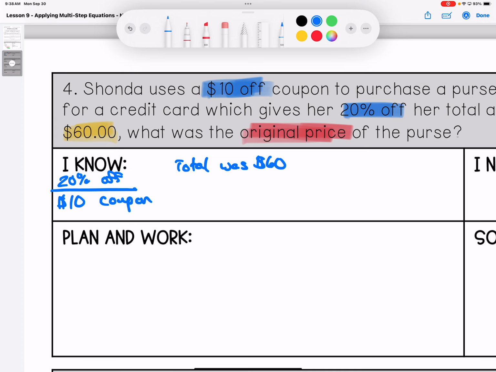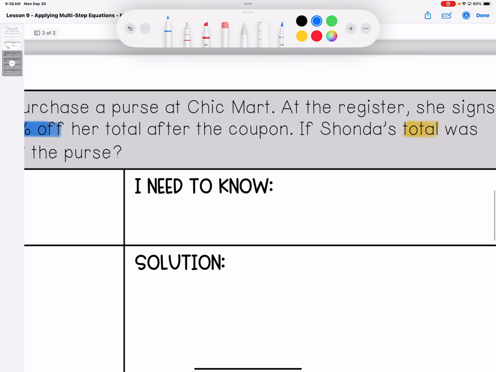Those are the three things we know. What do we need to know? We need to know the original cost of the purse. She paid 60. So we're not asking what she paid. We're asking what the original cost was.